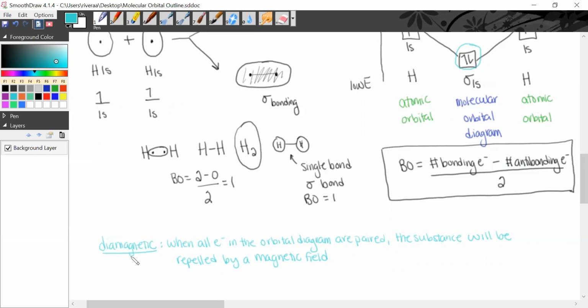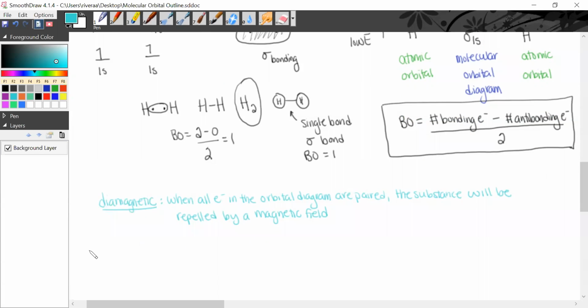The opposite of diamagnetic, and of course we haven't looked at a paramagnetic example yet, is paramagnetic.